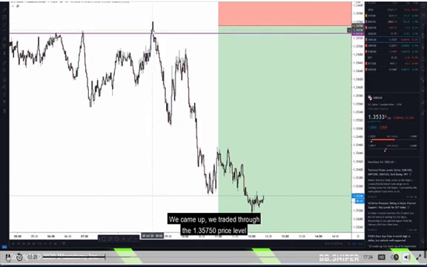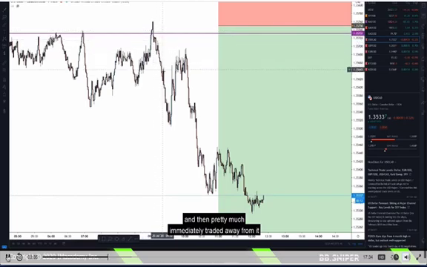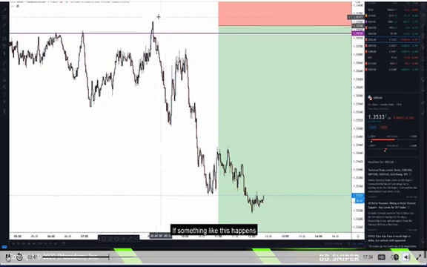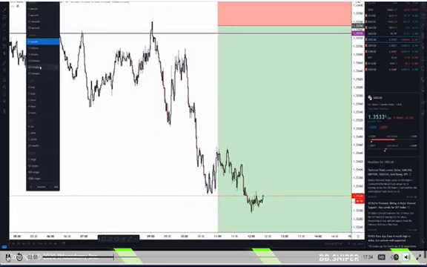We came up, we traded through the 1.35750 price level, and then pretty much immediately traded away from it and had this break in the structure. If something like this happens and the spread was a little bit wider, you're not going to have the opportunity to actually get filled on a limit position, such as in this example.